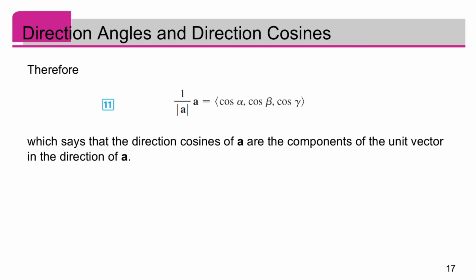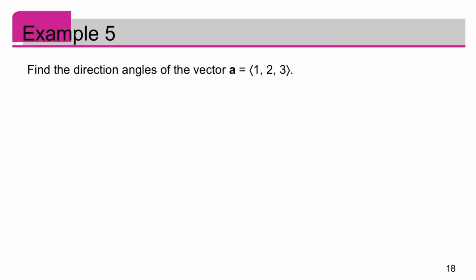I guess here's the unit vector thing. So let's go ahead and find the direction angles for this vector. Just to remind you, step one is to find the magnitude. So the magnitude of a is the square root of 1 squared plus 2 squared plus 3 squared, which is the square root of 14.